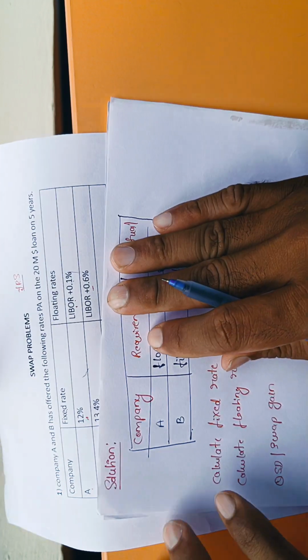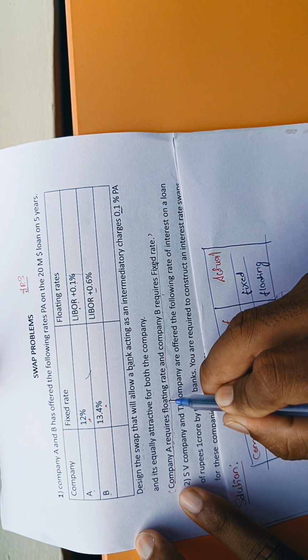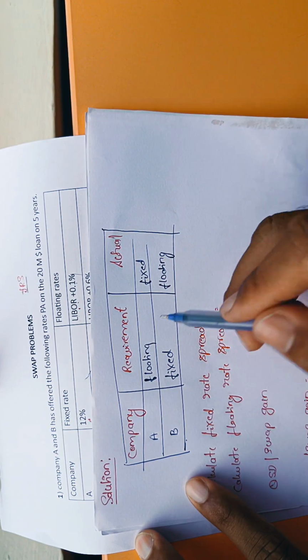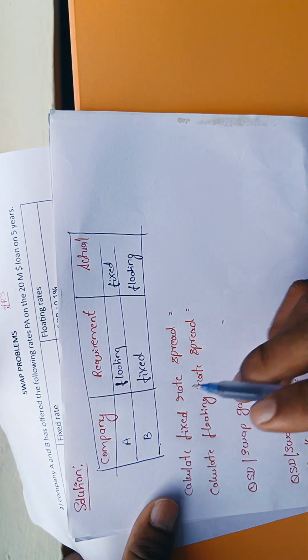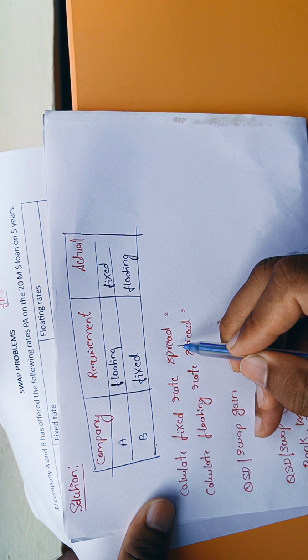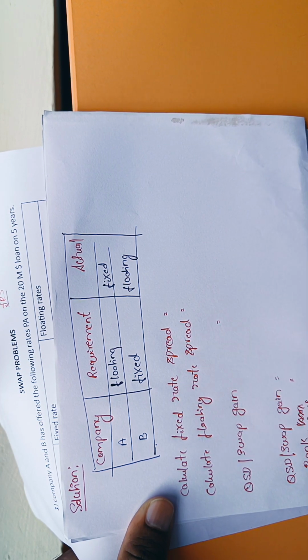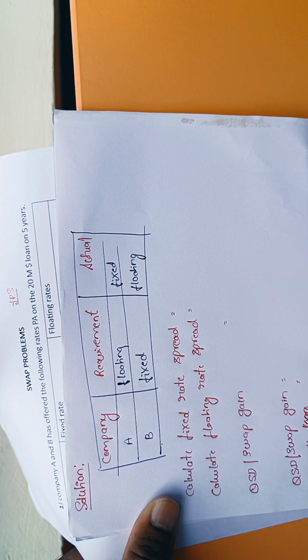After drawing this diagram as per the statement given in the problem, the requirement and what they actually got, coming to the second thing, calculate the fixed rate spread. As I said in the first chapter, spread is nothing but the difference.